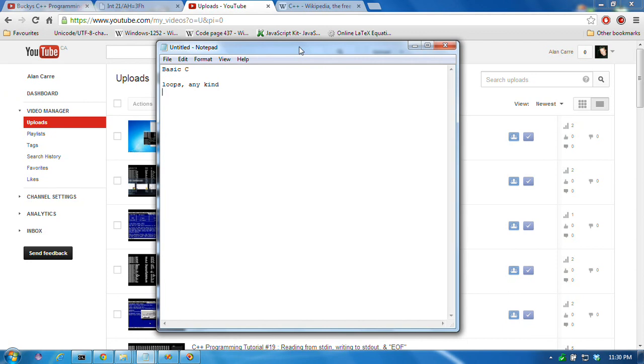Fundamental data types: int, char, float, double, whatever else there is, etc. Signed and unsigned.